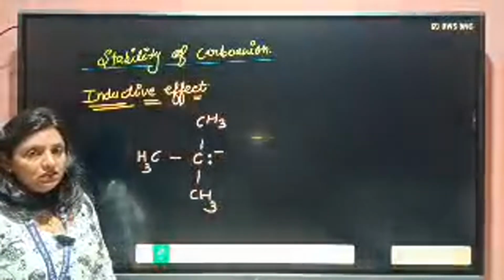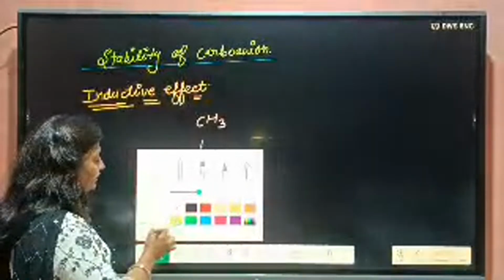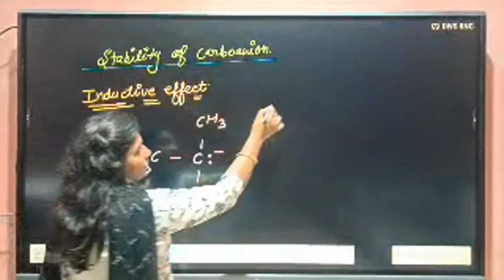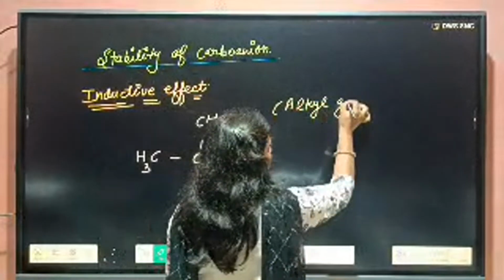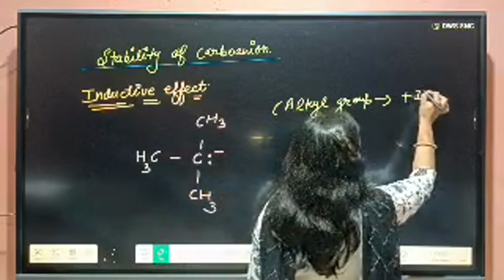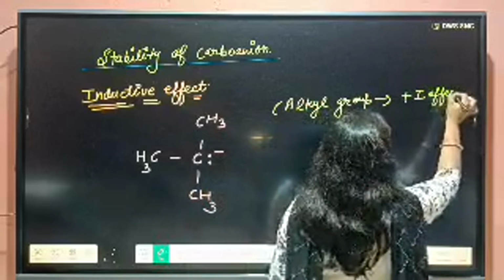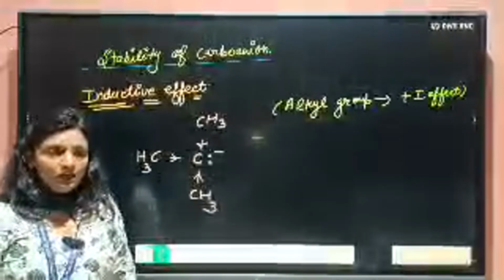And you know very well, alkyl groups show plus I effect, which means they have a tendency to release electrons.